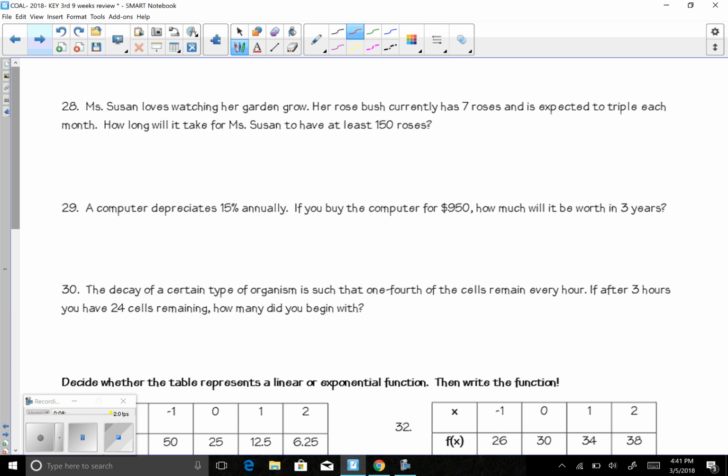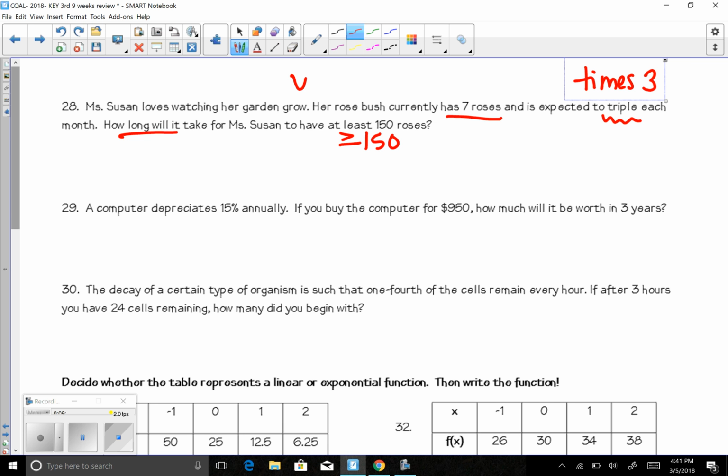So number 28, Miss Susan loves watching her garden grow. Her rose bush currently has 7 roses and is expected to triple. Triple means times 3, doesn't it? Each month. How long will it take for Miss Susan to have at least, all right, at least means greater than or equal to 150 roses.